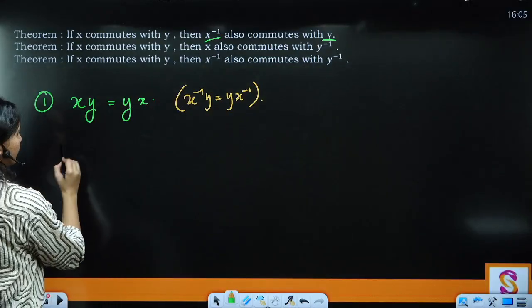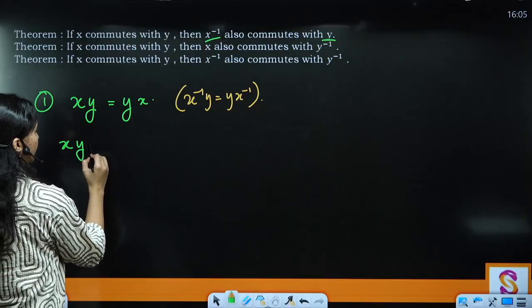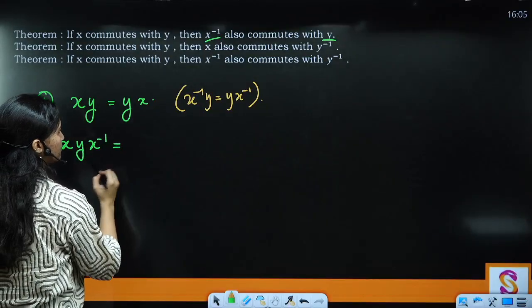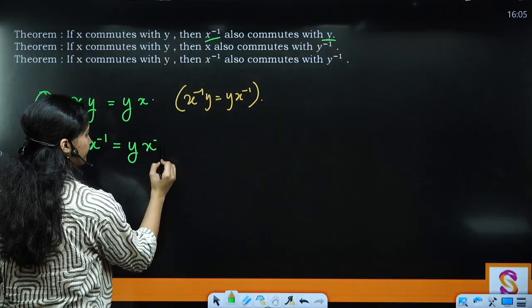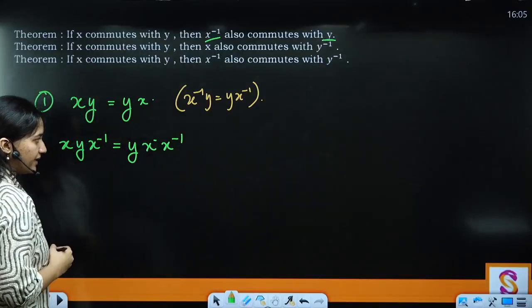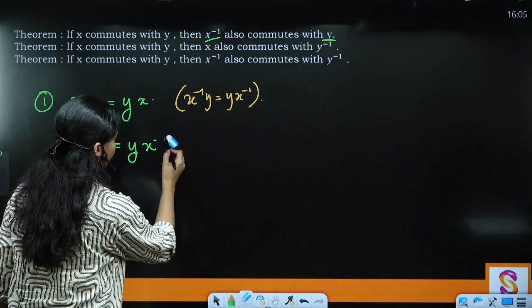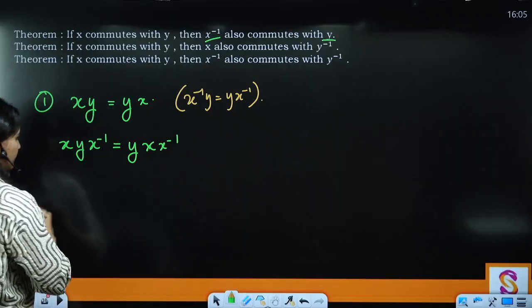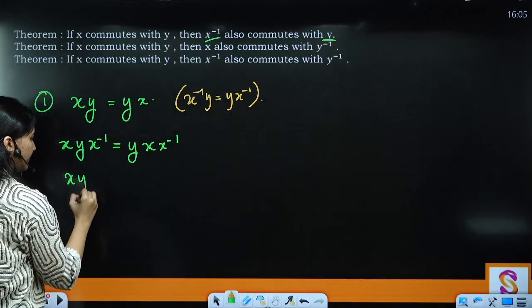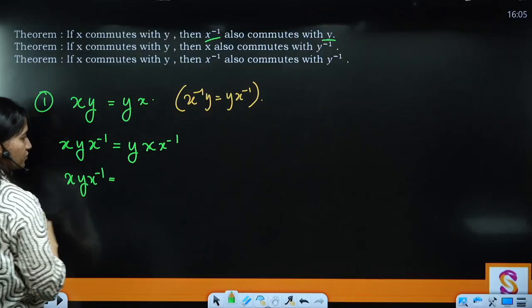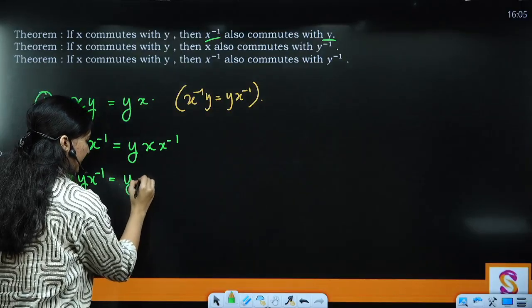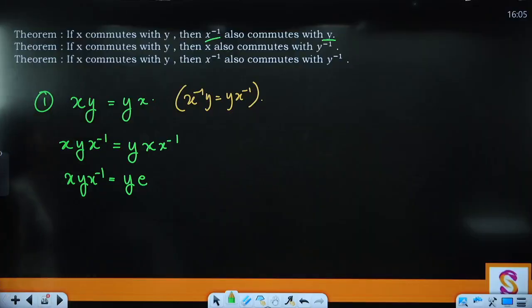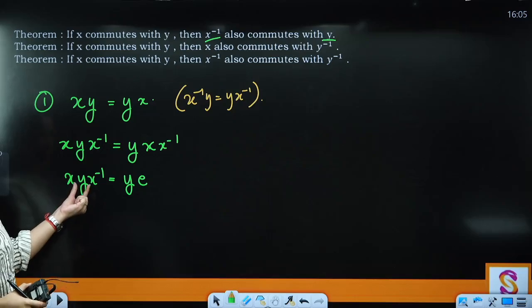So you are going to get x y x inverse equals y x x inverse, right? Any problem? From here, what are you going to get? x y x inverse equals y e, since x x inverse is going to be e. Now where have you reached? You have got y x inverse.